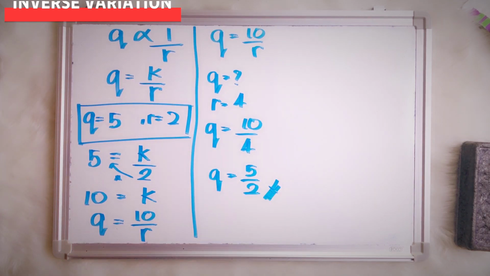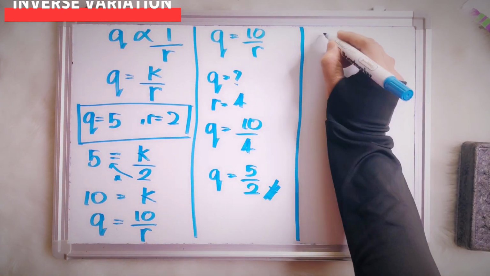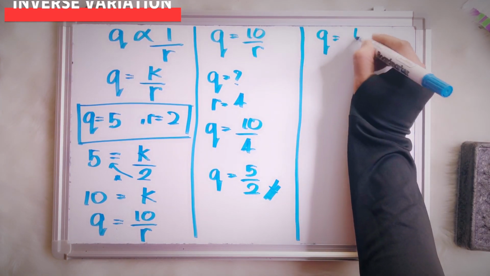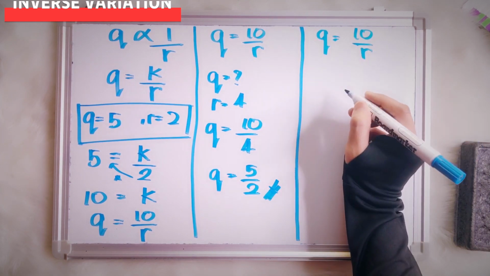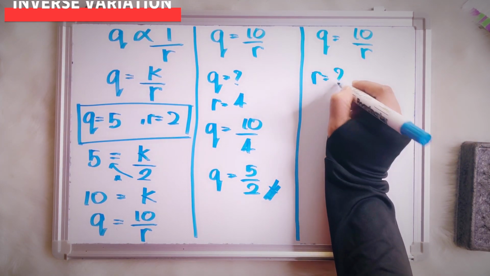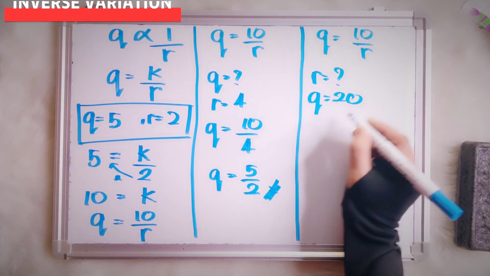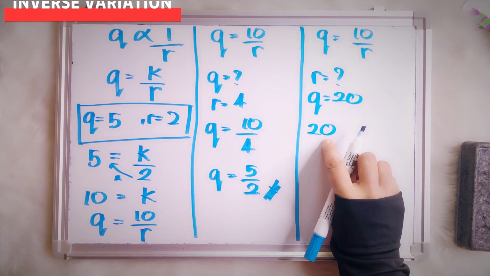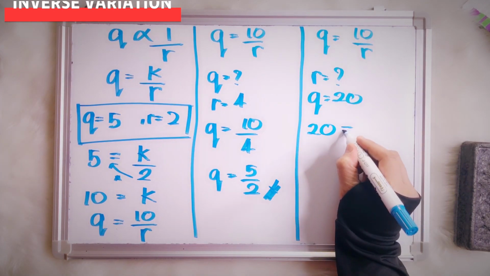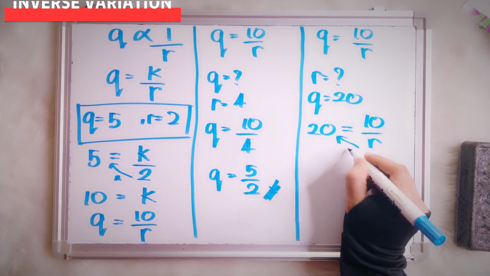Okay, easy. One more. Q equals 10 over R. Now you have to find the value of R when your Q equals 20. So replace 20 equals 10 over R. So you have to multiply.